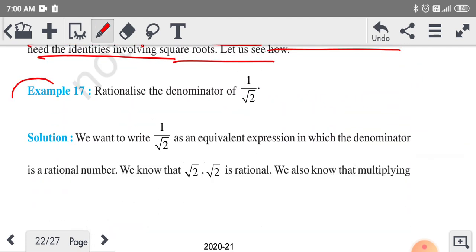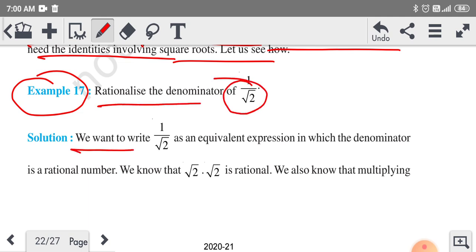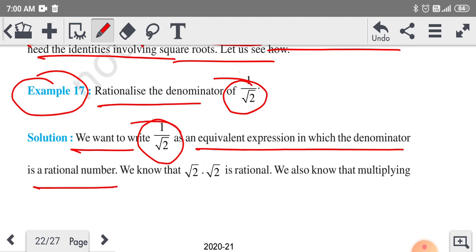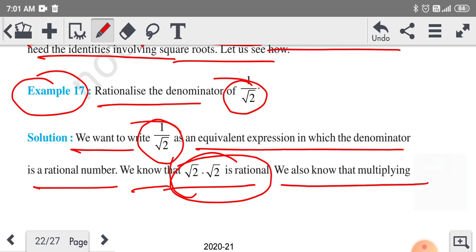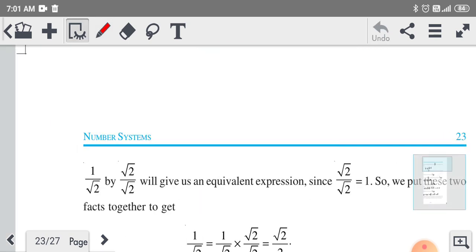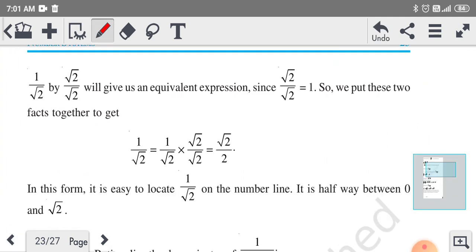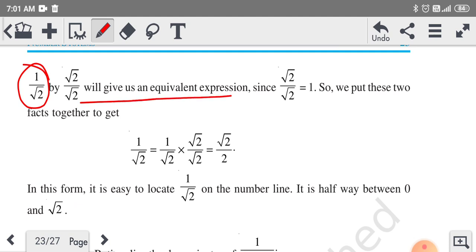So first example 17, कहते हैं rationalize the denominator of 1 by under root 2. So कहते हैं we want to write 1 by under root 2 as an equivalent expression in which the denominator is a rational number. We know that under root 2 into under root 2 is a rational number. We also know that multiplying 1 by under root 2 by under root 2 by under root 2 will give us an equivalent expression, since under root 2 by under root 2 is equal to 1.